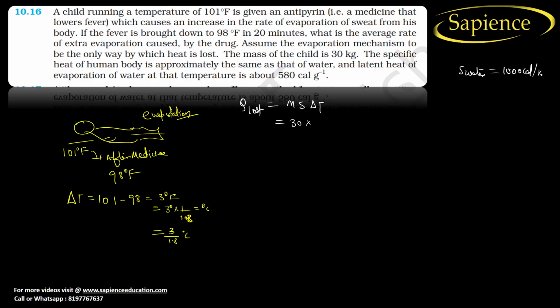So we can put here 1000 into the temperature difference, which is 3 by 1.8. When we calculate this, it will be 90 by 1.8 kilocalorie.